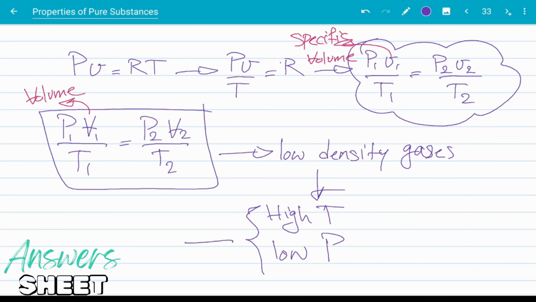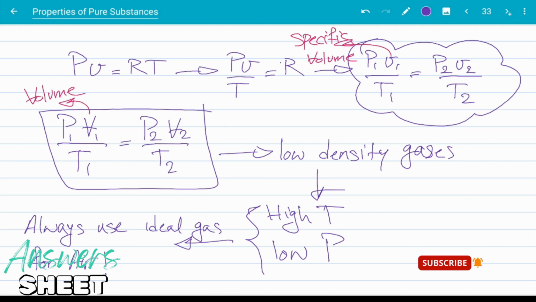For our applications in the thermodynamics course, we can nearly always use the ideal gas equation for air. So whenever we're dealing with air, oxygen, nitrogen, carbon monoxide, carbon dioxide, we can always use the ideal gas in thermodynamics.